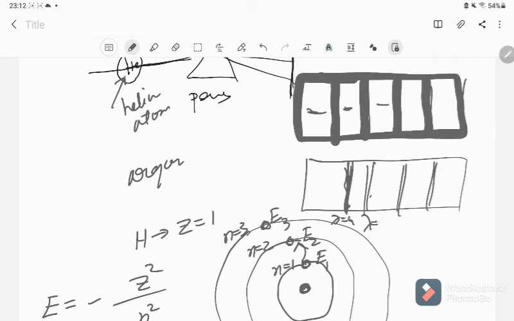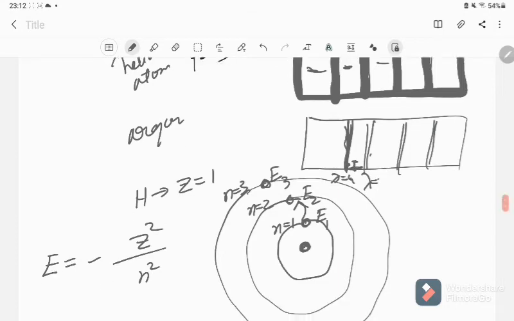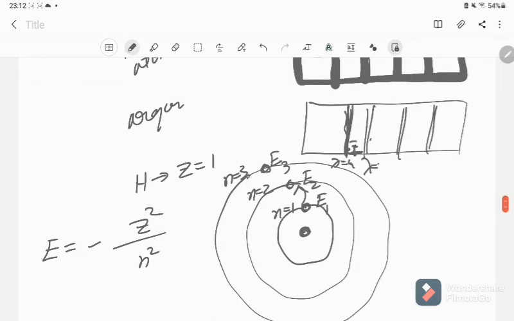Lambda means wavelength, a fixed value of wavelength, and there is no wavelength in between, right? Only here we have a wavelength, and here also, and between these two we don't have any wavelength.